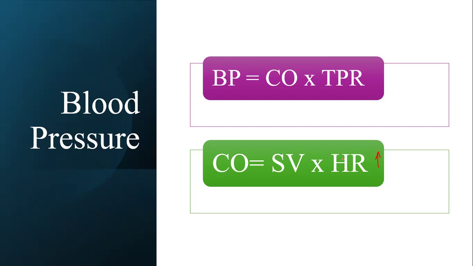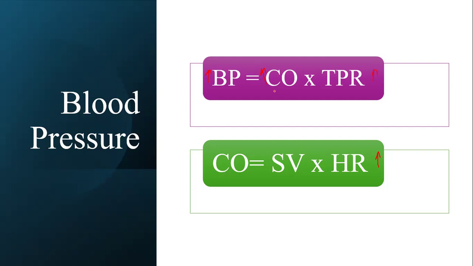So the greater the heart rate, the greater the cardiac output. The greater the stroke volume, the greater the cardiac output. So if the cardiac output is higher, the blood pressure will be high. If total peripheral resistance is high, the blood pressure is going to be high.